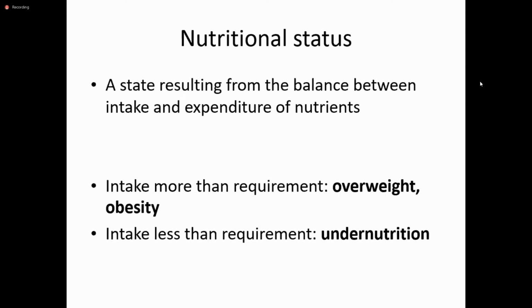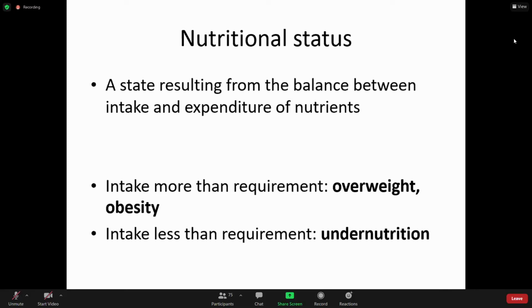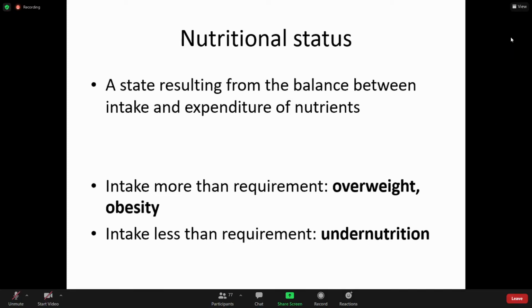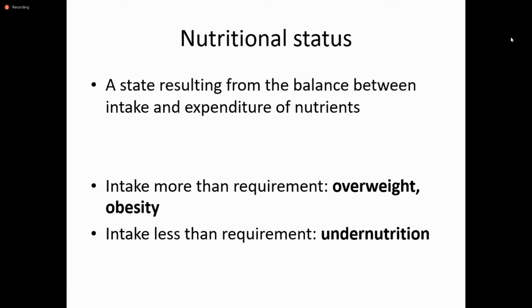So nutritional status is a state of body which results from the balance between intake and the expenditure of nutrients. So there should be a delicate balance between intake and the expense, like our bank balance. Unless we deposit regularly, if we expend more than our deposit, then we'll fall short.